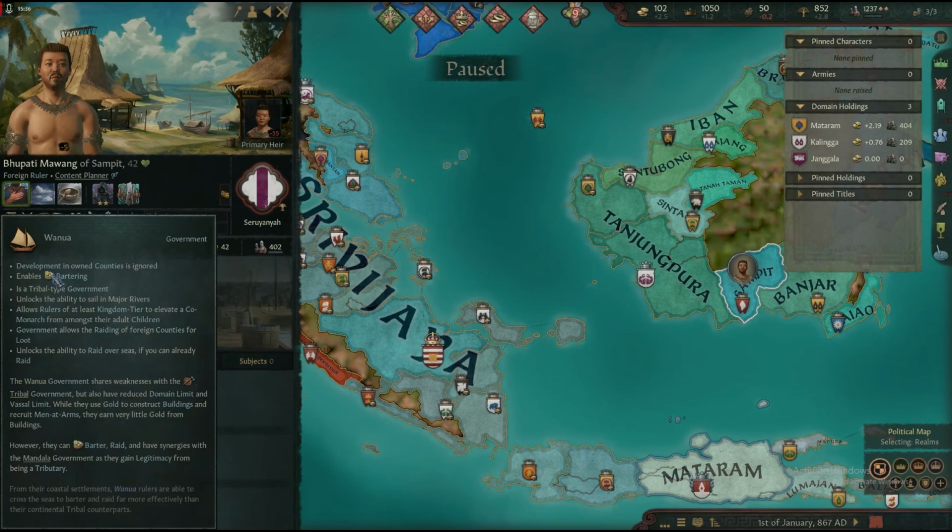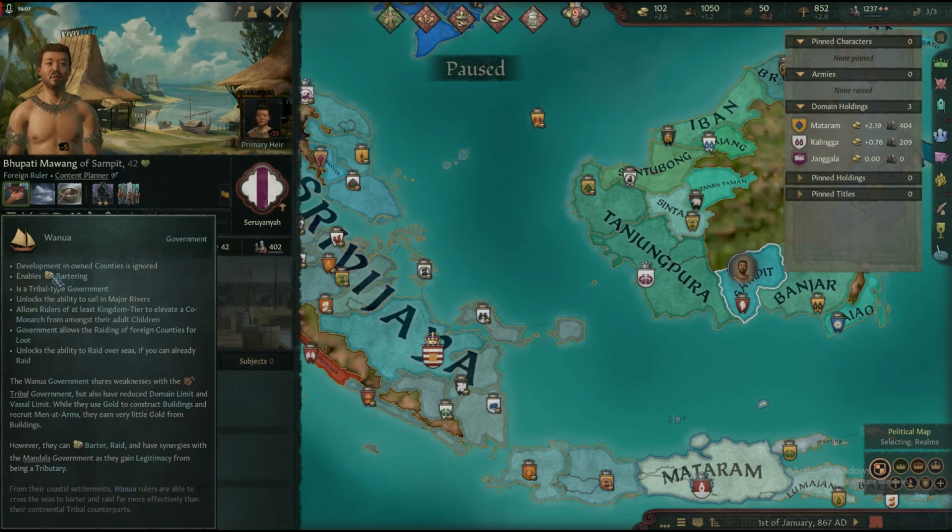They have the same weaknesses as normal tribal government, which means they can't progress technologically. They can't do a lot of anything. They can raid, though, which is nice, but tribes can already raid. But they also have the same reduced domain limit and vassal limit, as you can see down there. I can't move my mouse, or otherwise this window will disappear.